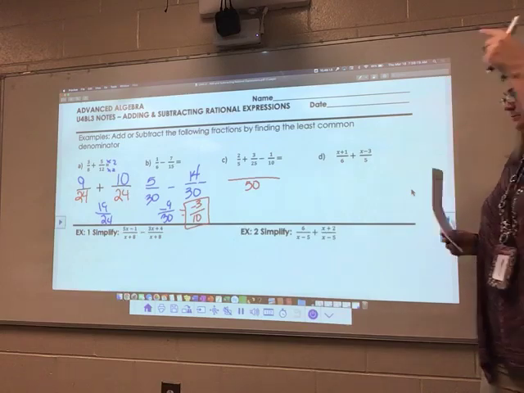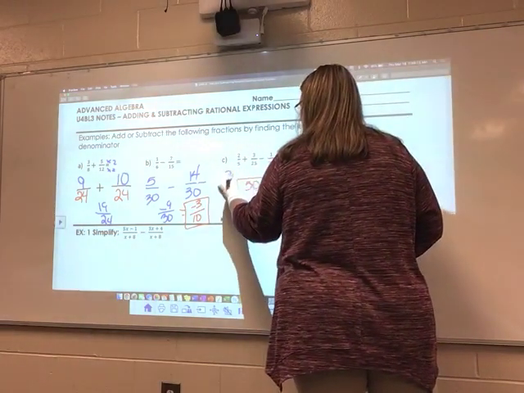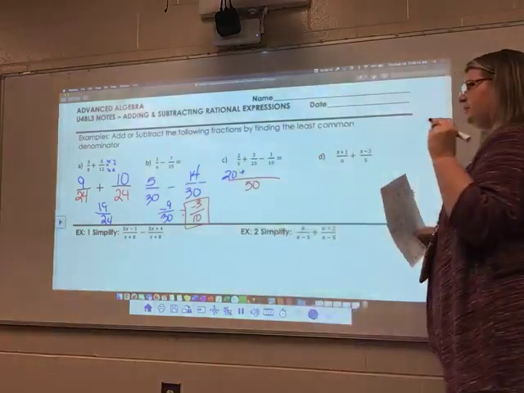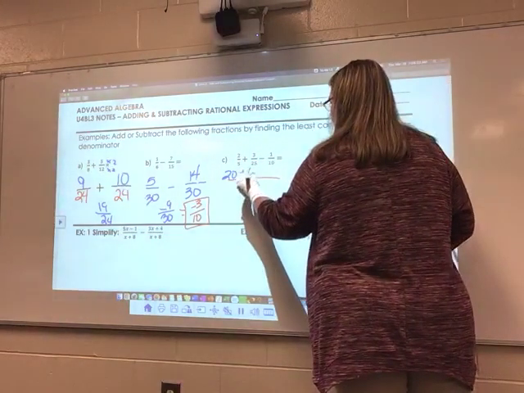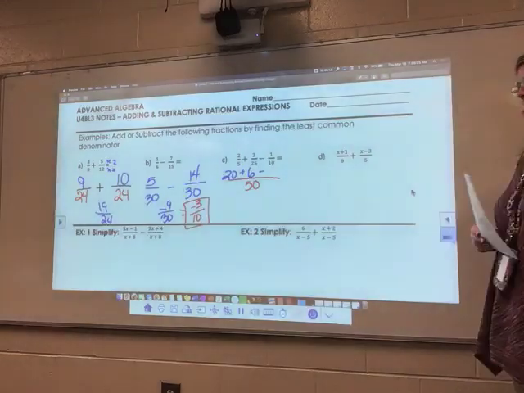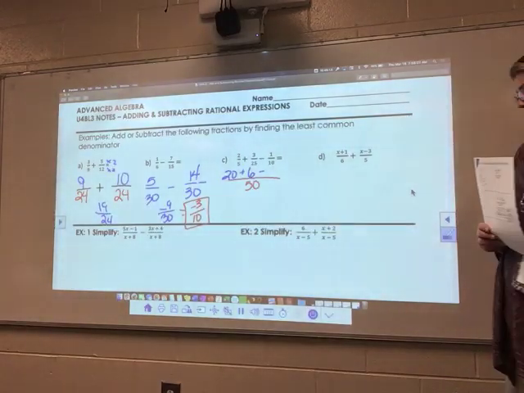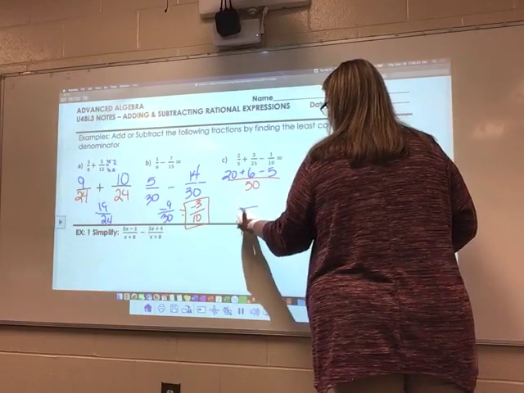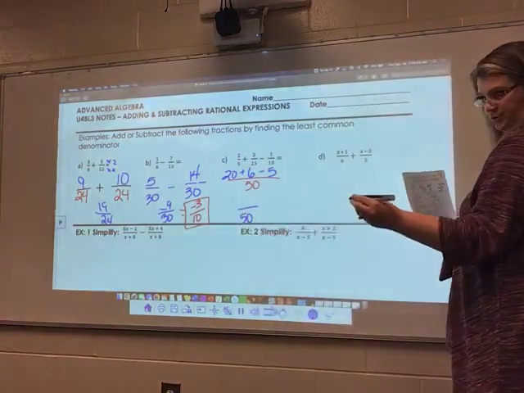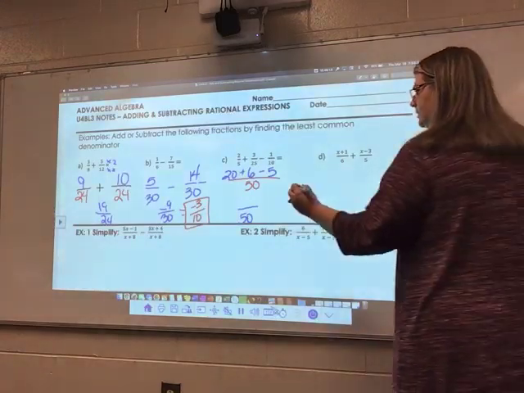And then 10 times 2 is 20. So there's my one. I have addition between that one and the second one. 25 times 2, and then 2 times 3. And then 10 times 5 gives me 50, so 5 times 1. Okay. So what's 6 minus 5? What is that, 21? Yep.